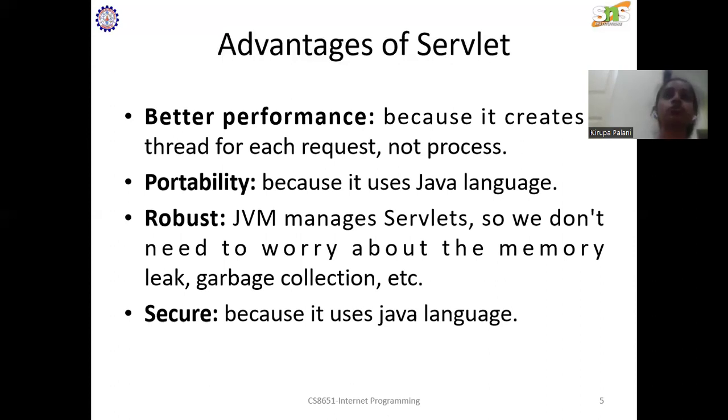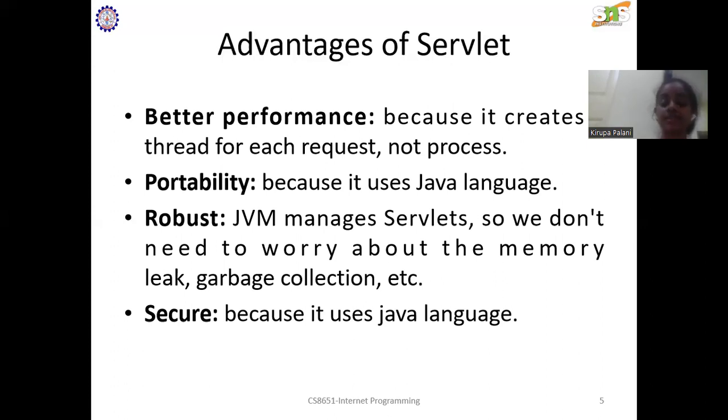We can go through some examples later. A particular website could have heavy traffic. At a time there could be 1,000 plus students approaching that particular website. So if a website receives a large number of requests, the overhead of loading the CGI script for each request can result in slower response time.